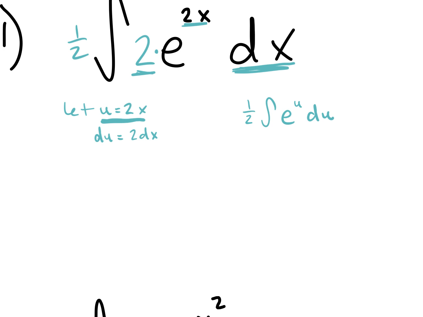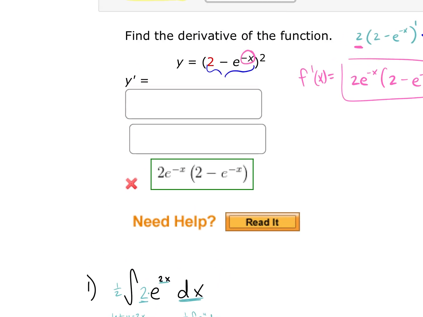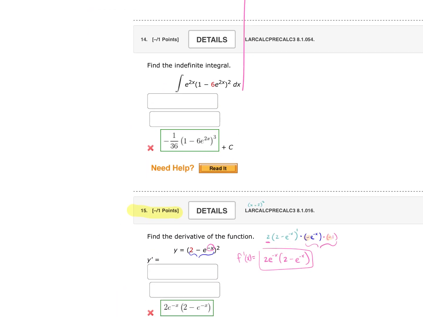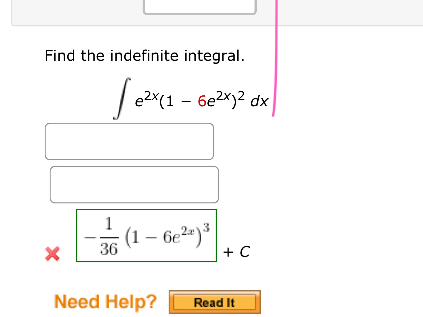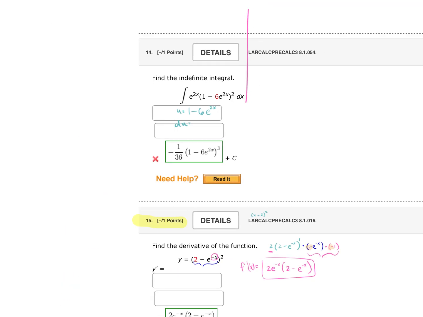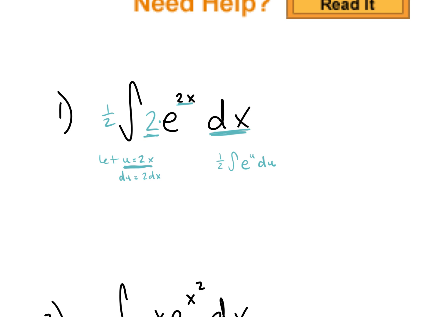So I think for the one from the homework here, for 14, since we had e to the power of x here and e to the power of x in here, you may want to make 1 minus 6e to the power of 2x your u, and then figure out what your du is. So sometimes you're going to have to use substitution where your u is not just your exponent. But that's only if you have like multiple e to the power of x's in your function.